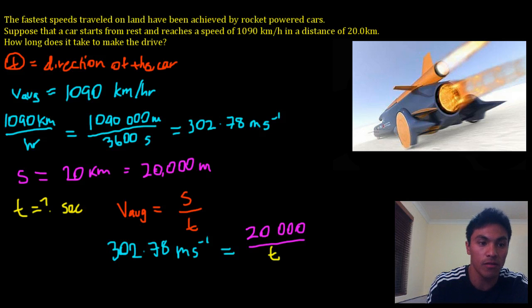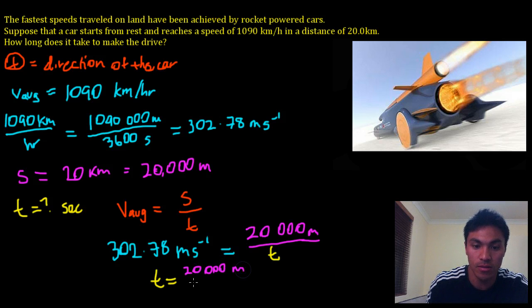Oh, I forgot to put in the meters. Meters. Okay, it's very important. So in order to rearrange that to give our time term: time equals our distance, 20,000 meters, divided by 302.78 meters per second.